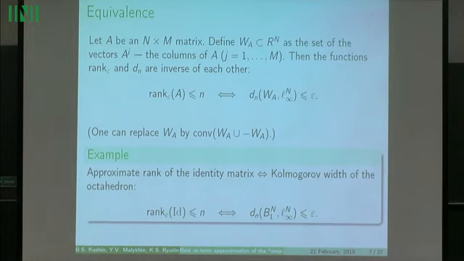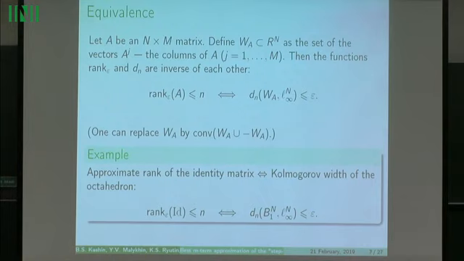So here is our first example. The approximate rank of the identity matrix. The problem of estimating this quantity is equivalent to the problem of estimating the Kolmogorov width of the octahedron. So here we see this B_1^n.